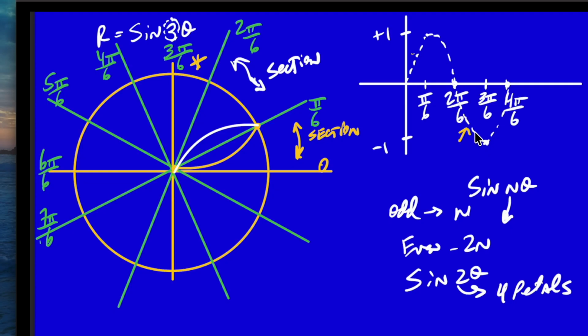This is negative. So instead of being in this section right here, we are now going to be in this section. We're going to come through the pole, just like we were dealing with a vertical angle. And this is its sister section right there. That's where we're going to be, because that is negative during this step from 2 pi over 6 to 3 pi over 6.